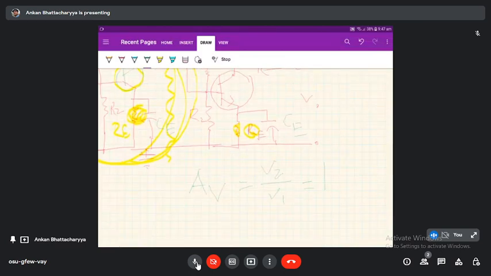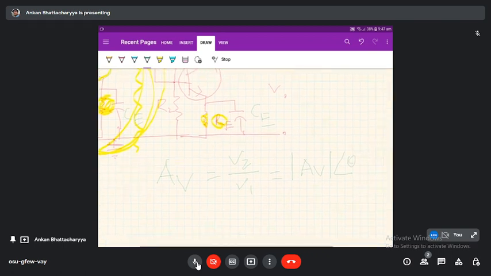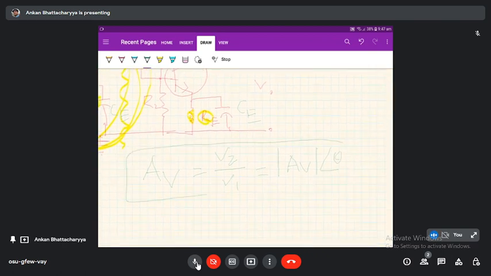If the magnitude be represented by the modulus of AV and the phase angle be represented by theta, then the voltage amplification factor may be defined as this. Now the variation of magnitude and phase angle of the gain of the amplifier with the frequency is referred to as the frequency response curve.